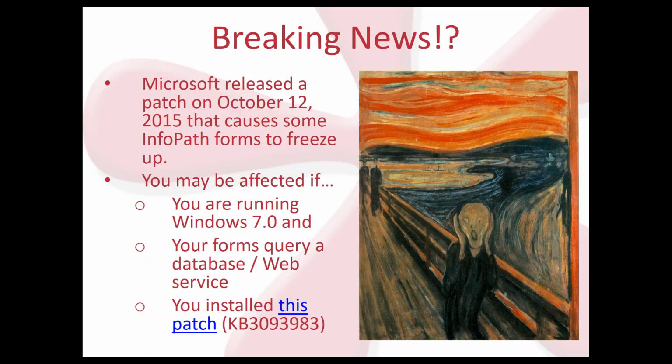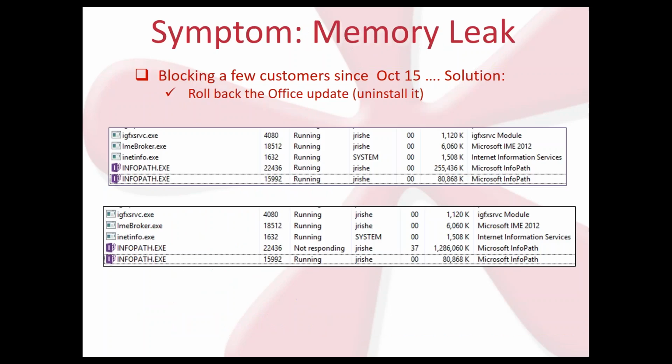I have two virtual machines running Windows 7. On one I tested before installing the patch, and then after installing it. I could not reproduce the issue we've seen in some client forms. So be aware there's probably something else going on that we've not been able to narrow down.